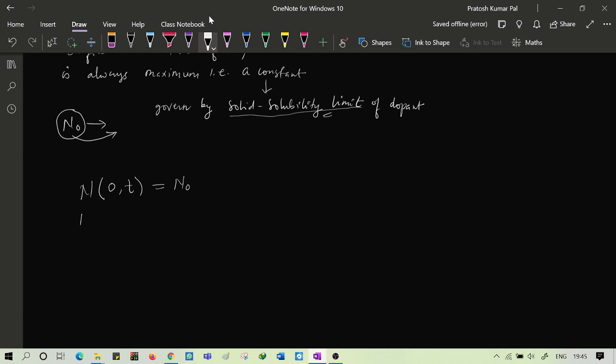At the maximum diffusion depth, suppose the diffusion depth is infinite, the concentration of dopants available will be zero. That means if infinite depth of diffusion has taken place, there will not be any concentration available, so the concentration will be zero. This is also a boundary condition.